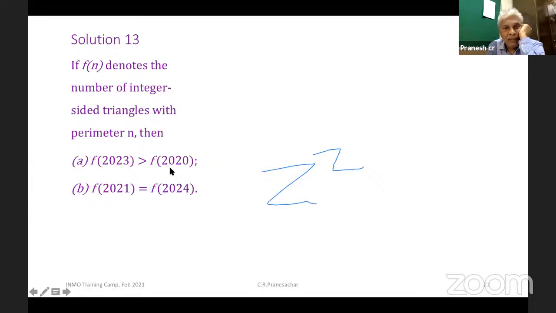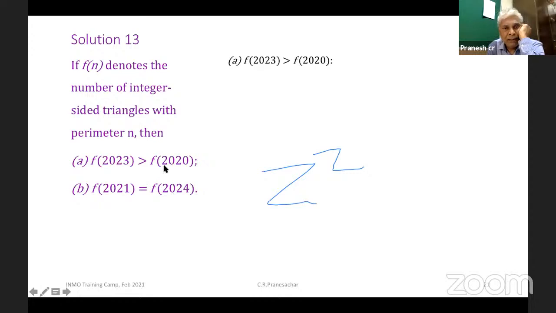But what is the difference between these two? You should get at least one more triangle with perimeter 2023 which cannot be obtained by adding one in this way. But here, for each triangle with perimeter 2024, there will be a corresponding triangle with perimeter 2021. So here some kind of bijection has to be proved.